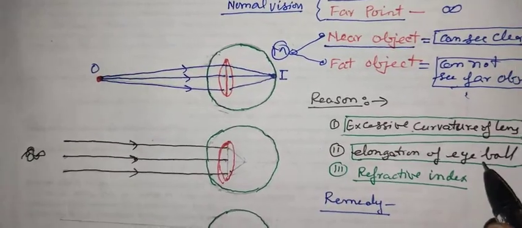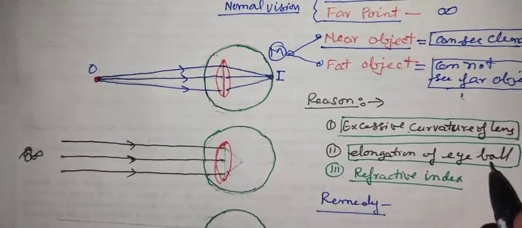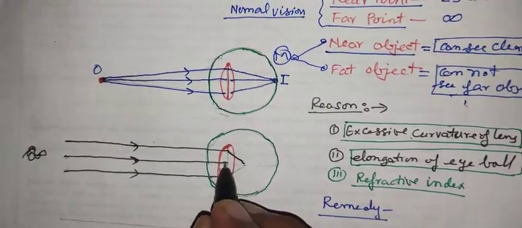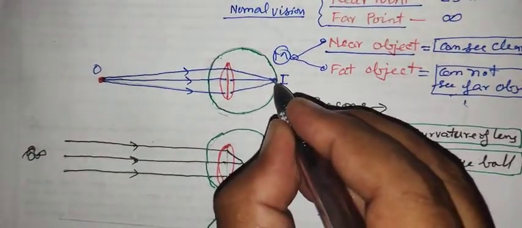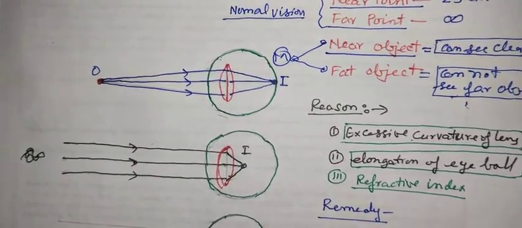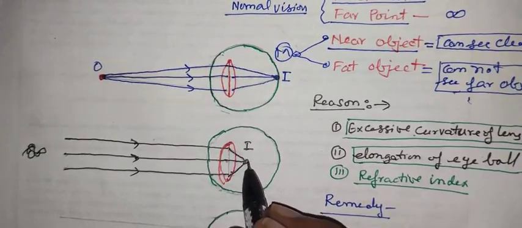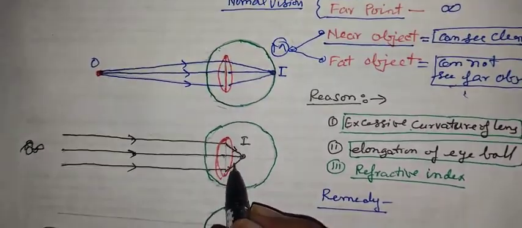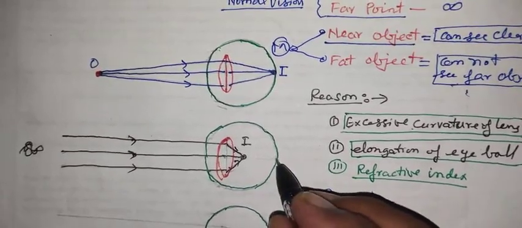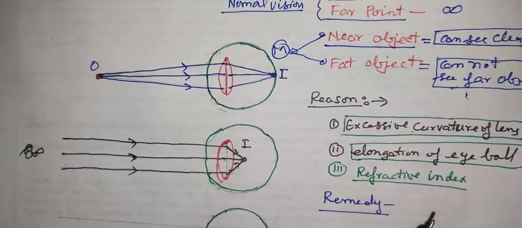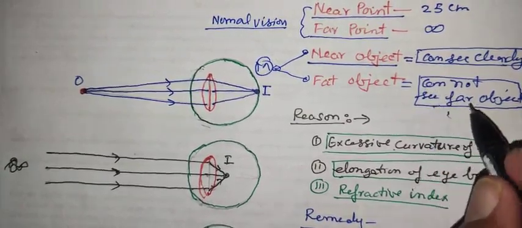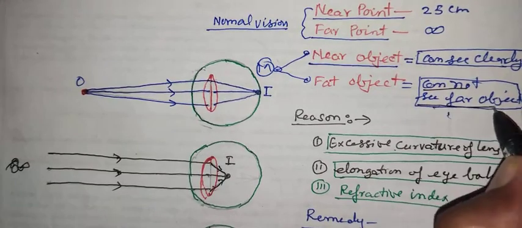Since there is elongation in the eyeball and change in radius of curvature, the focal length decreases. So the image is formed before the retina, meaning no image is formed on the retina, no signal is sent to the brain, and the brain is unable to recognize it. That is why a person affected by this cannot see far objects.